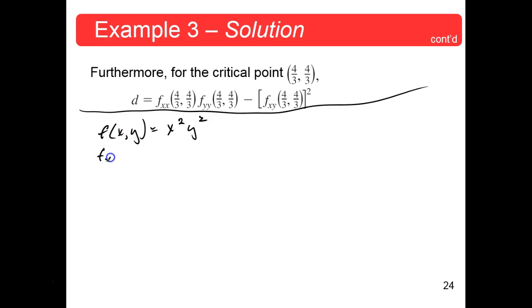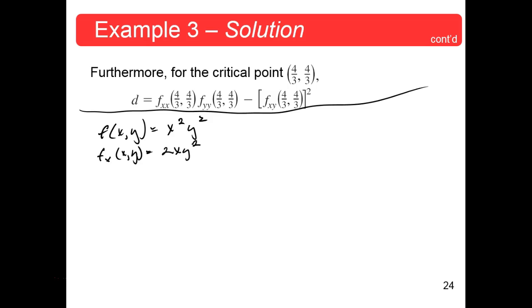Well, find the first partial with respect to x, and what would that be? 2xy squared. You count the y as a constant, so y squared is a constant. X is the only variable there. The derivative of x squared is 2x, so it's 2y squared x, or 2xy squared.